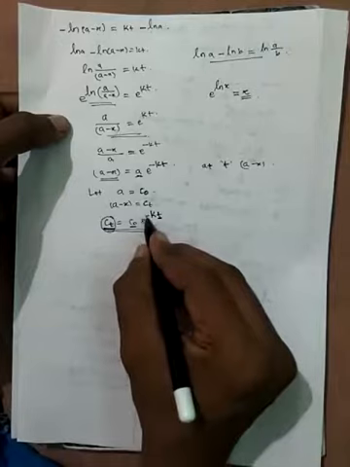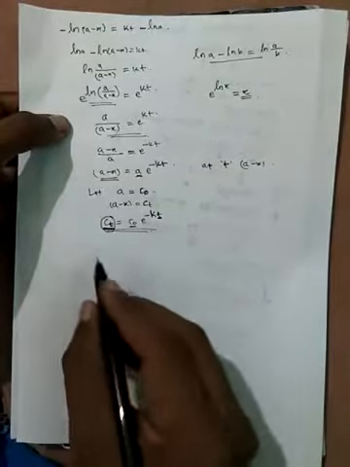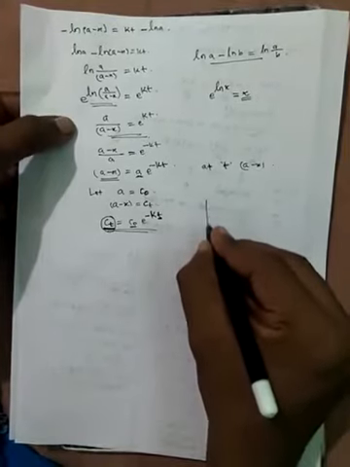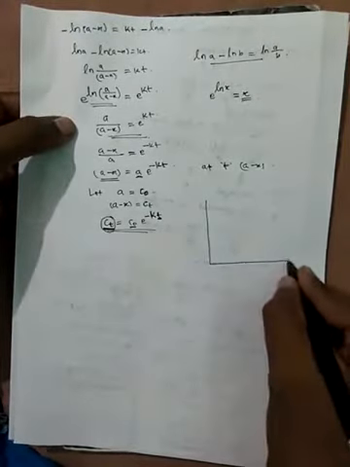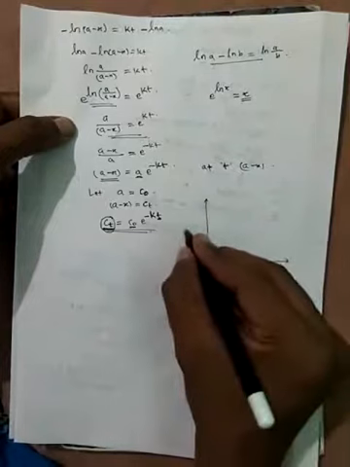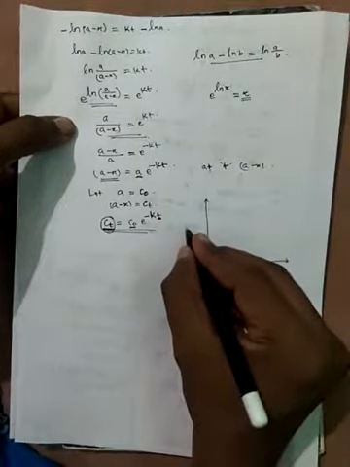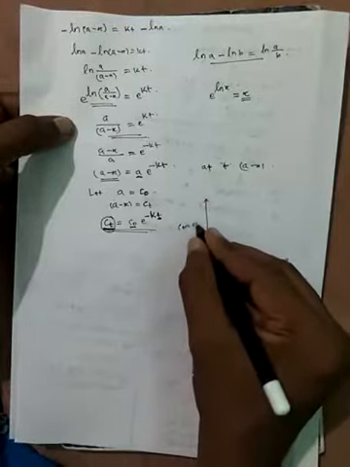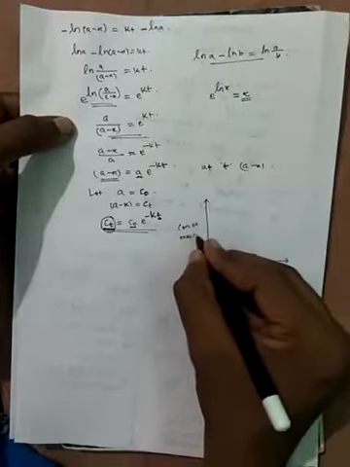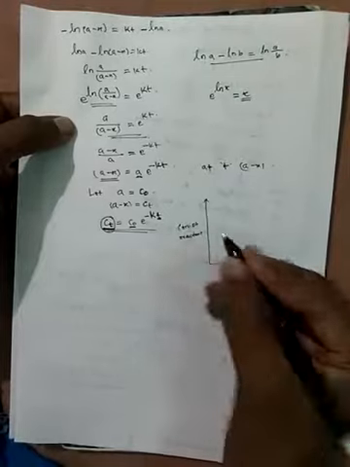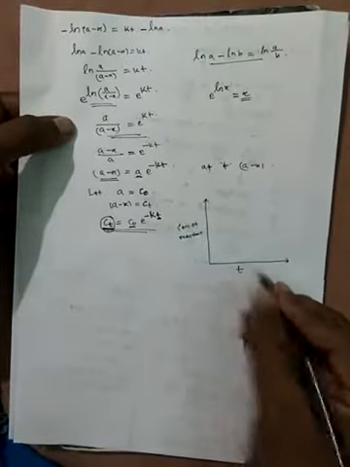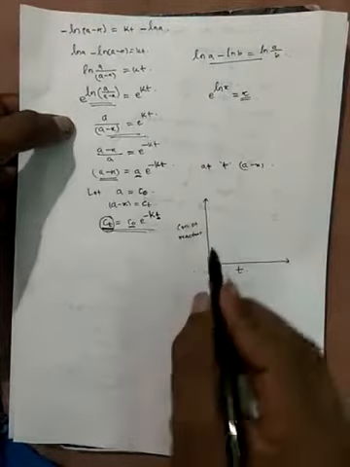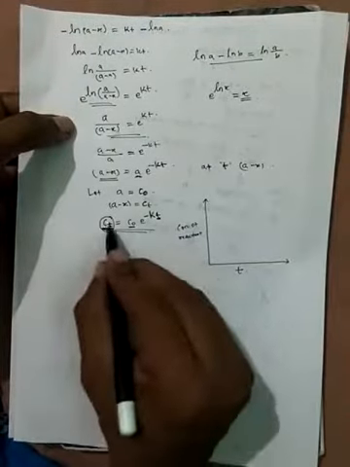And also you know that the concentration of the reactant, that is Ct at various times, if you plot it with the time t, then this is not a linear relationship.